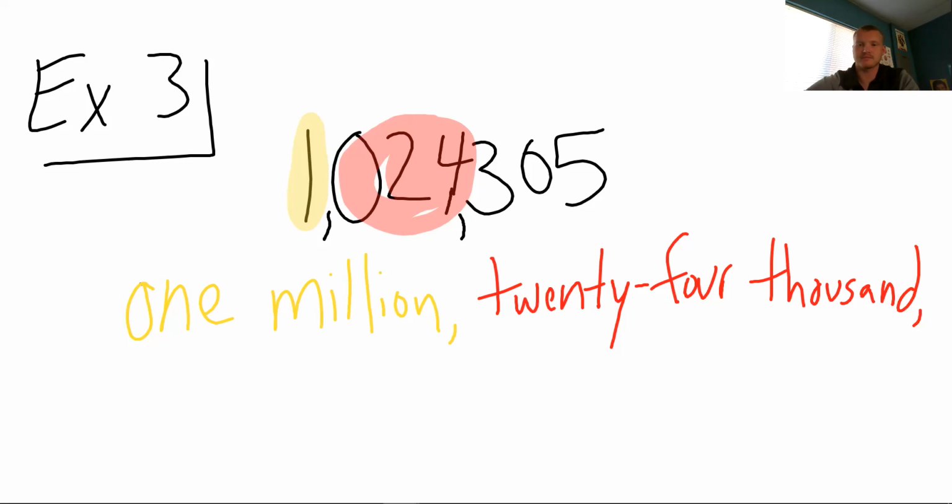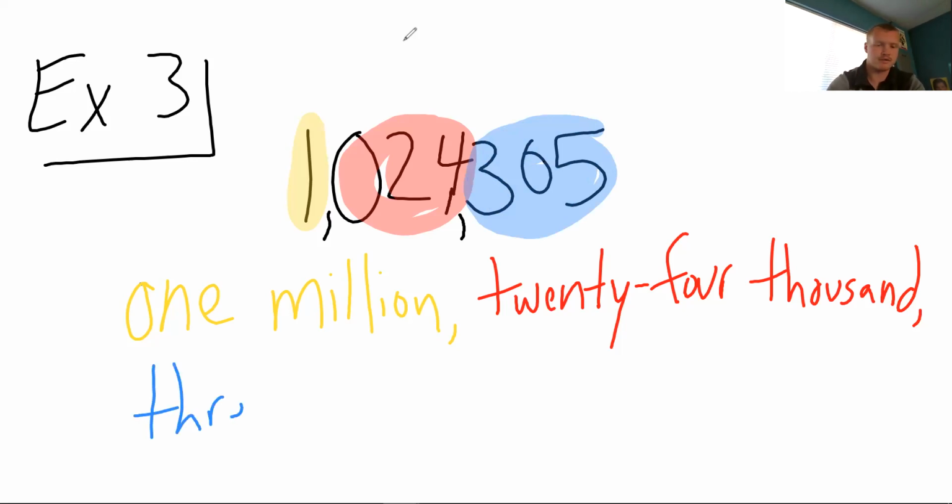And yep, so as you get higher and higher up into math, it's more and more important to have those commas. You might not have had to in previous maths, but as you get higher up here, you have to. So, and then we have this last number right here, Brady. What am I going to say for that? 305. 300.